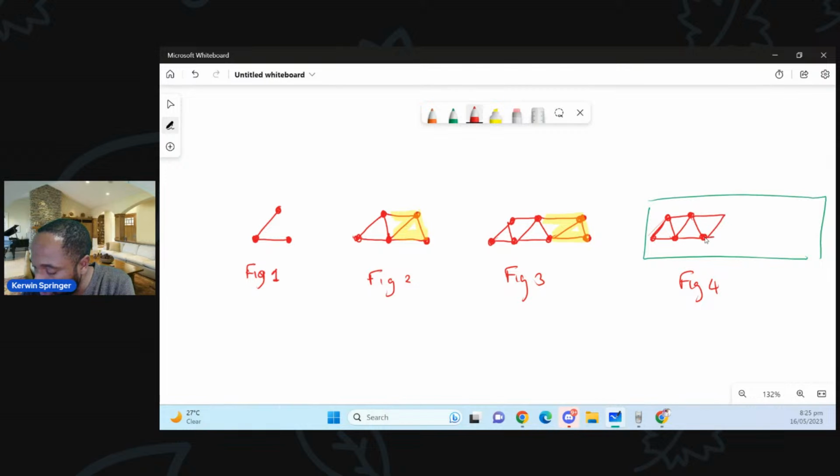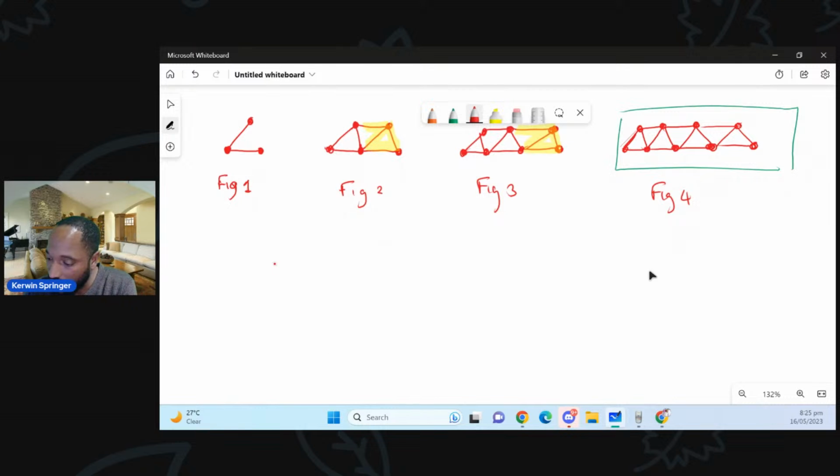And now you're adding a new part. That's a new part to add in. So that's how figure 4 would look. Tell me in the chat if you understand. So okay, let's examine what could happen here.